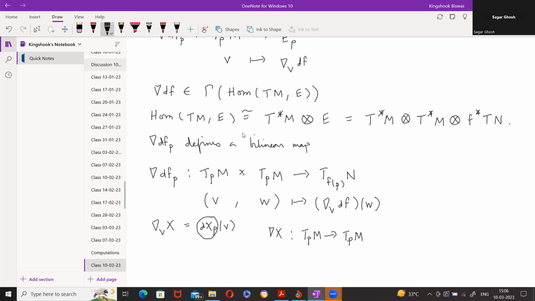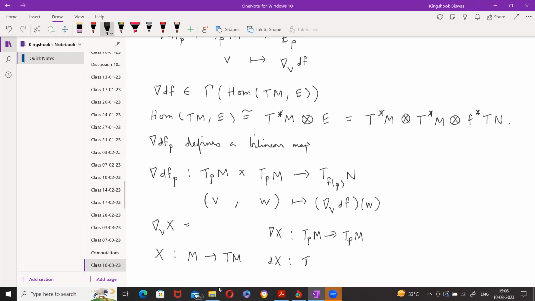Look, you have to understand what the objects are like. X is a map from M to TM, right? So if you want to look at its derivative, what will dX be? It will go from the tangent bundle of M to the tangent bundle of the tangent bundle of M. This is a much more complicated object. Do you understand?